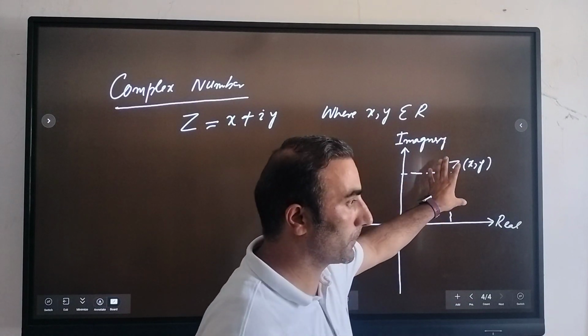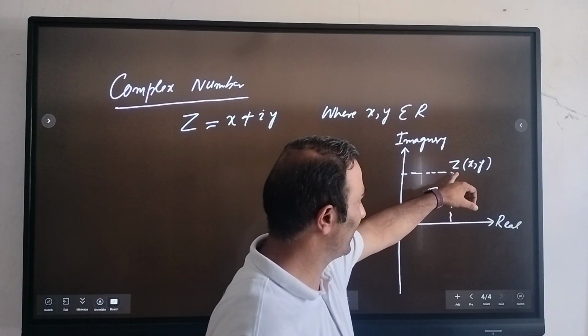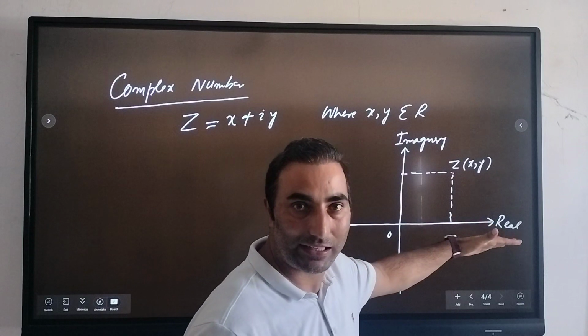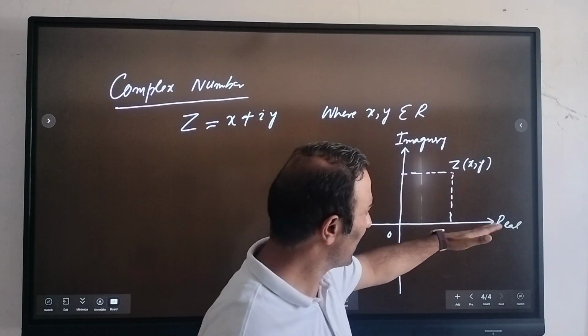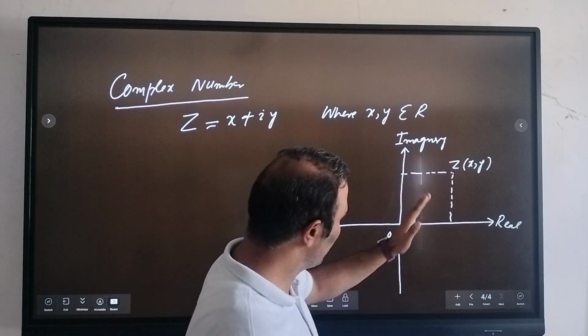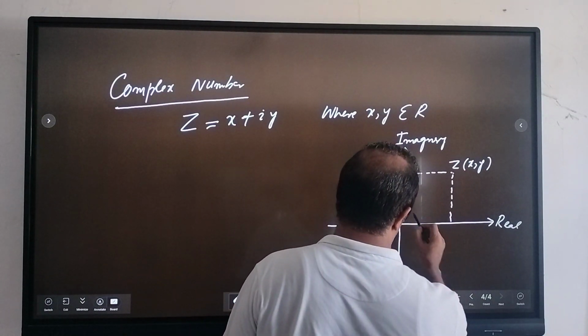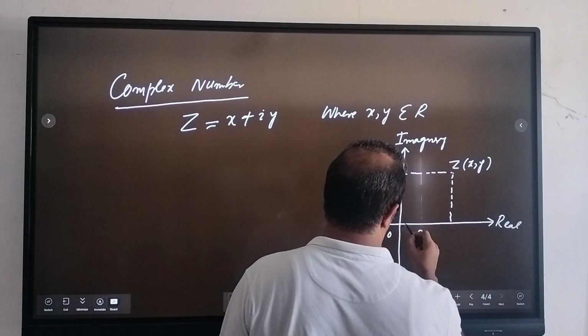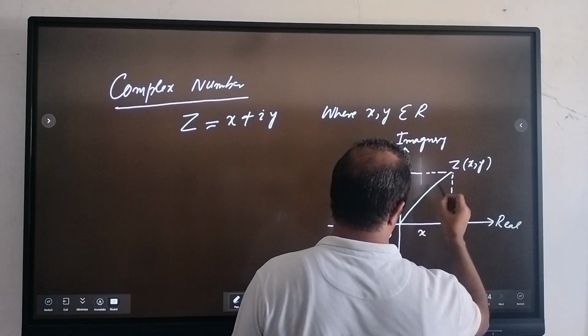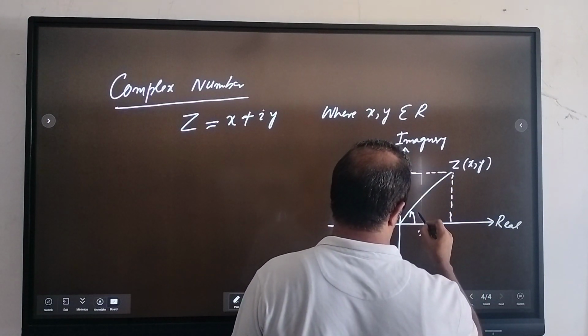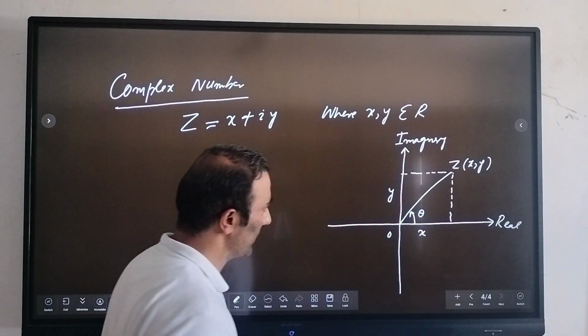If we draw the projection from this point z on the real horizontal axis and on the vertical axis, this basically gives us the components. So this is our x and this is our y, right? This is the distance, and it makes some angle theta with this, right?